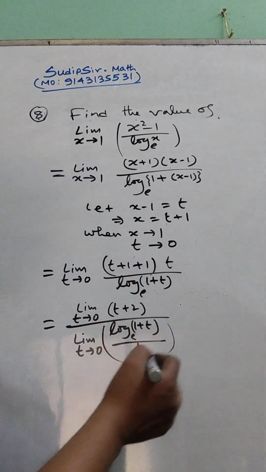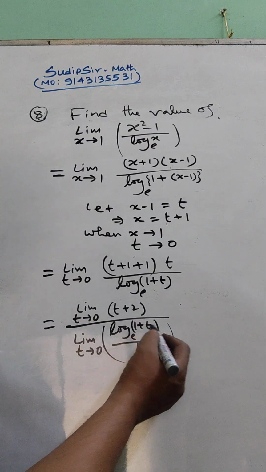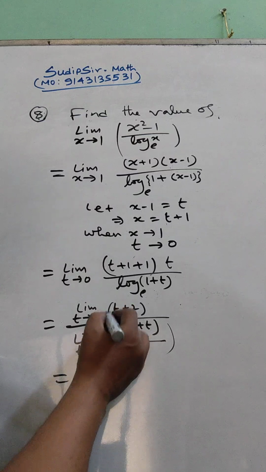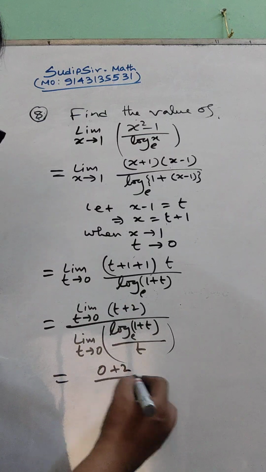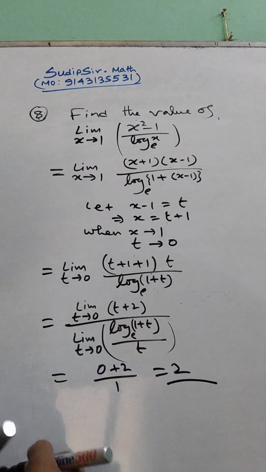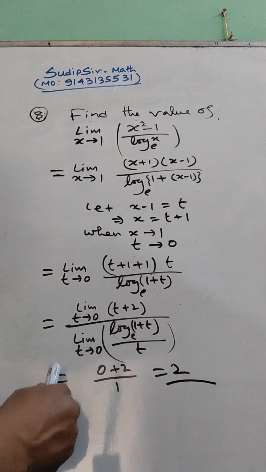Now we get the standard limit, limit t tends to 0, log of 1 plus t by t, which is 1. So put the value: 0 plus 2, that is 2. So this is your answer, 2.